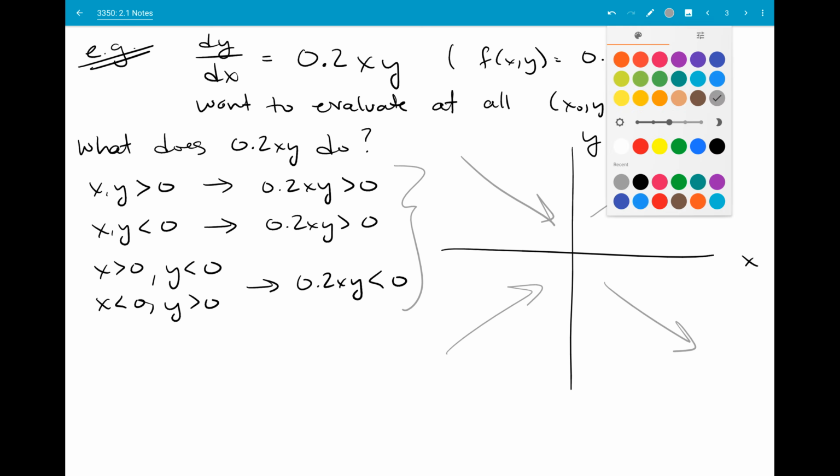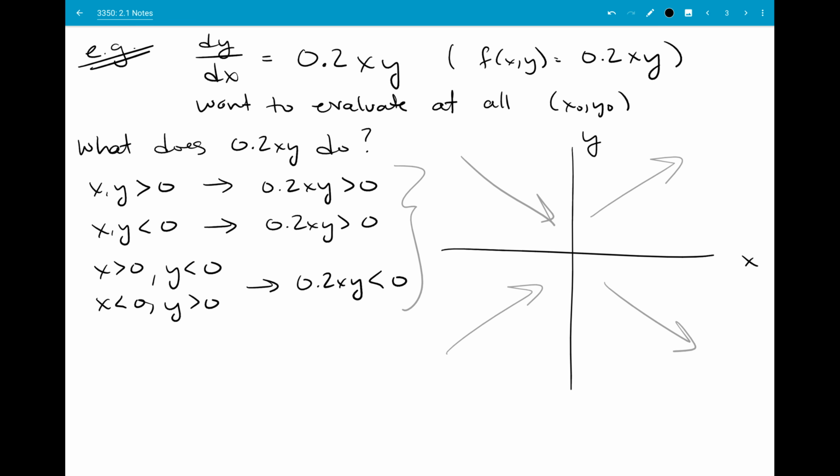I'd also like to know how steep a slope is. So I know that I should have positive slopes in this region right here, but a positive slope could be this, could be this, it could be any of those things. So we need to narrow down the magnitude of the slope based on what values x and y take on. If x equals 0 or y equals 0, I know that 0.2xy is equal to 0.